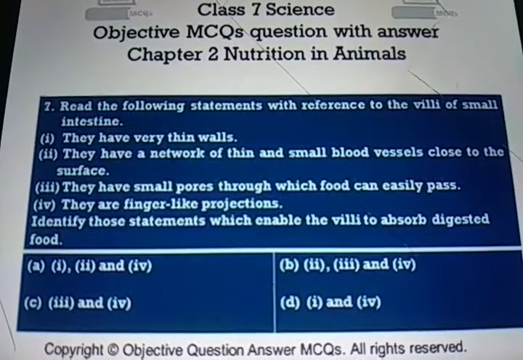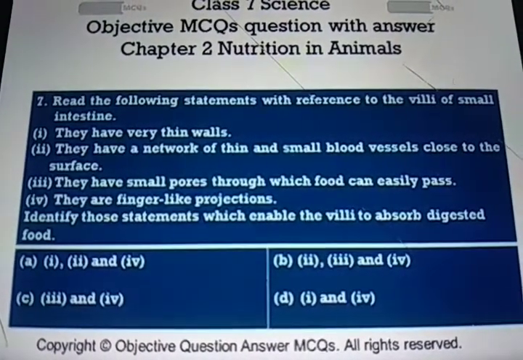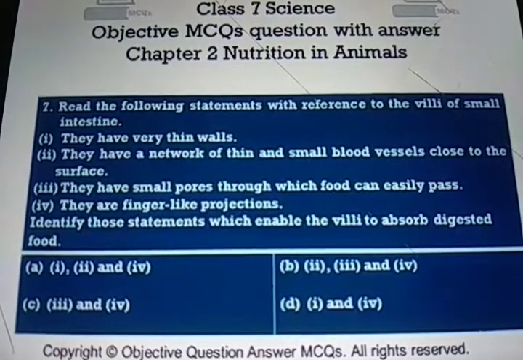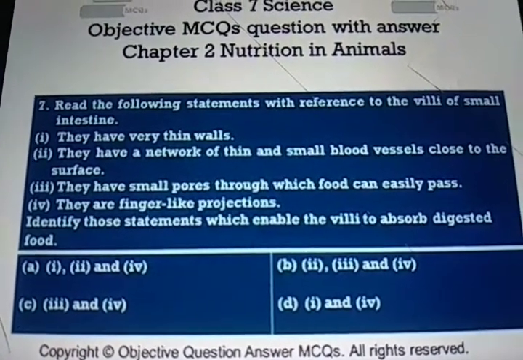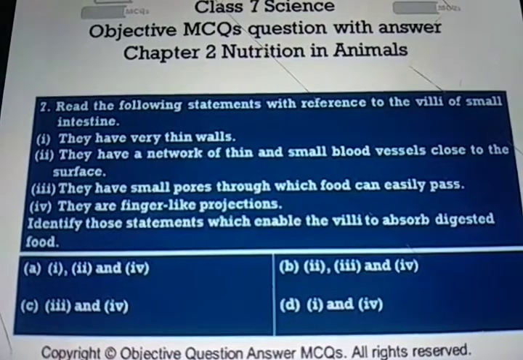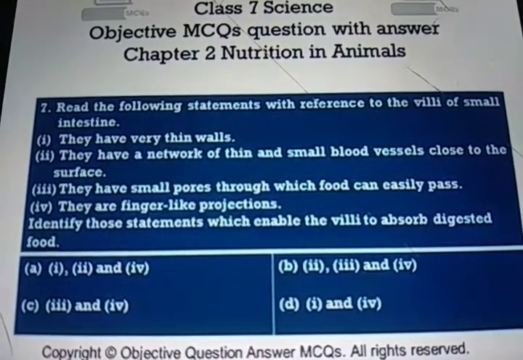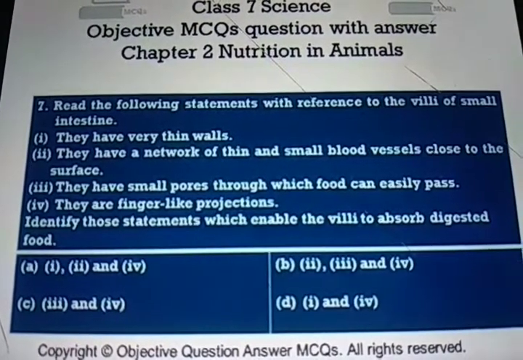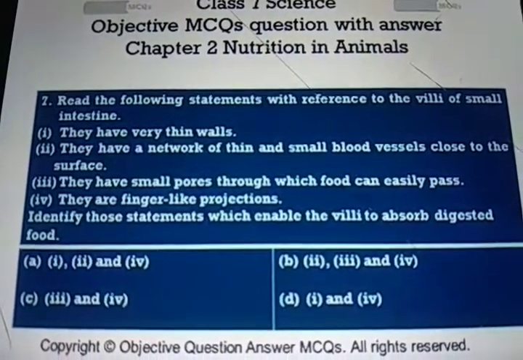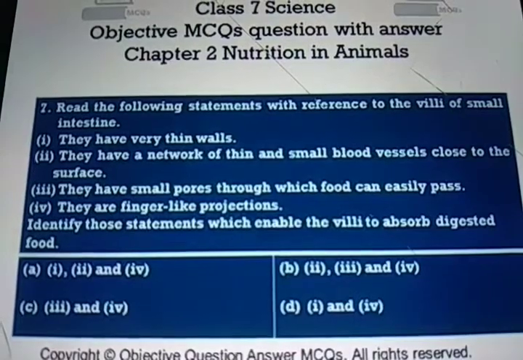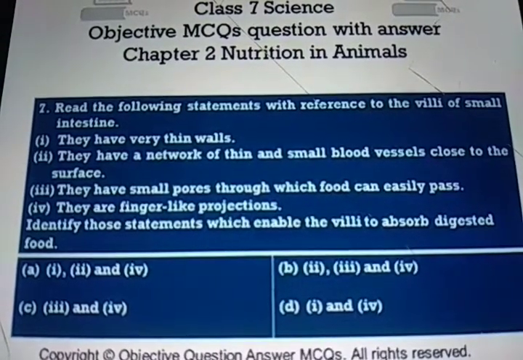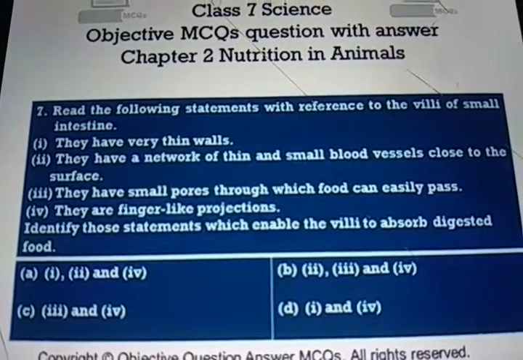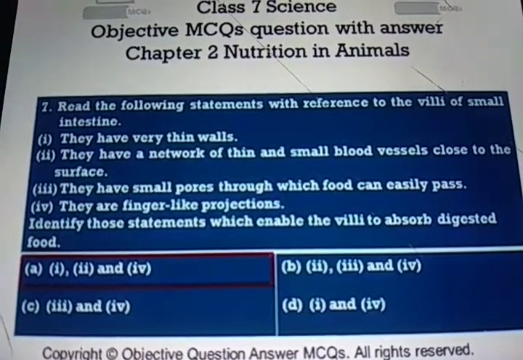Identify those statements which enable the villi to absorb digested food. Your options are option A, 1, 2 and 4; option B, 2, 3 and 4; option C, 3 and 4; and option D, 1 and 4. I hope you all were able to give the right answer. And the right answer is option A, 1, 2 and 4.